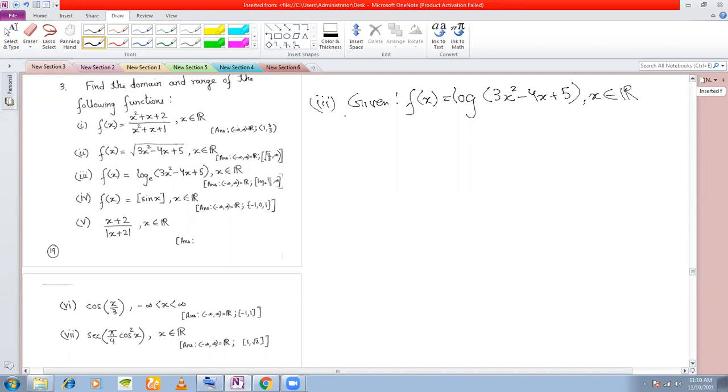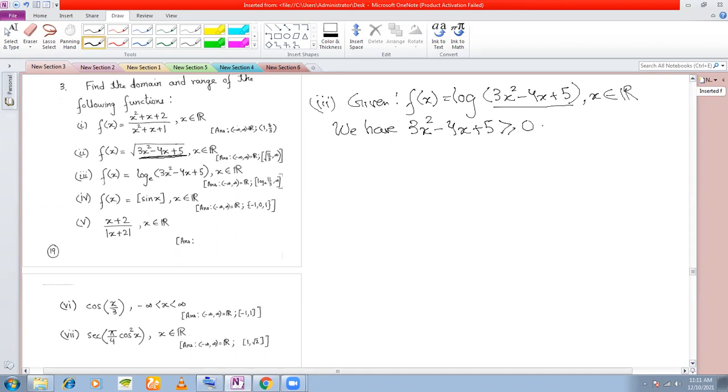What is the restriction here for the domain? Whatever is within the log has to be greater than 0. So 3x square minus 4x plus 5 has to be greater than 0, which is true, because it is the same expression we just worked out in the earlier example.